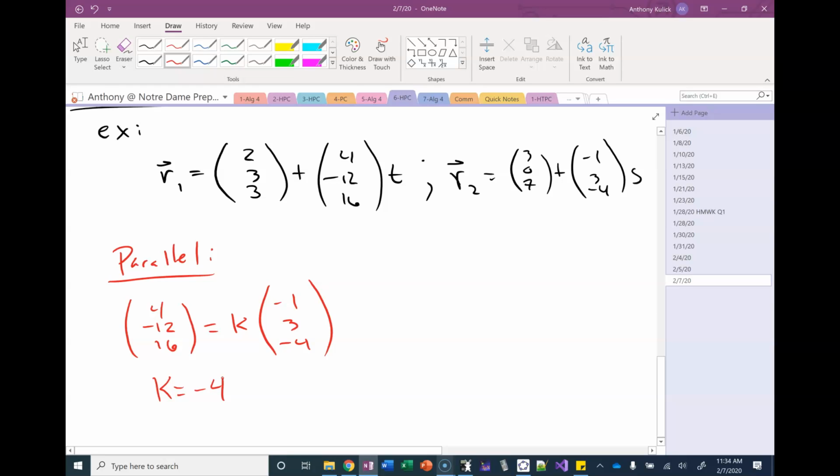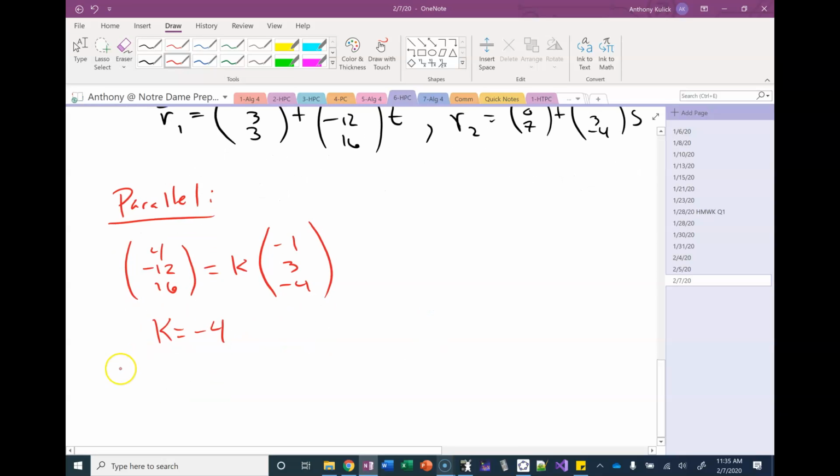Can everybody see that? Because -4 times -1 is 4, -4 times 3 is -12, and -4 times -4 is +16. It has to work for all three components. So we know that this is parallel.